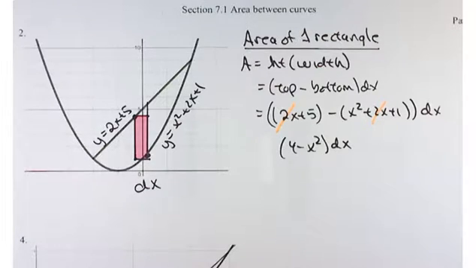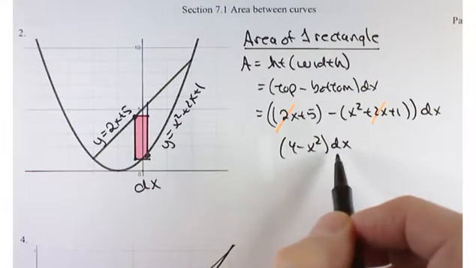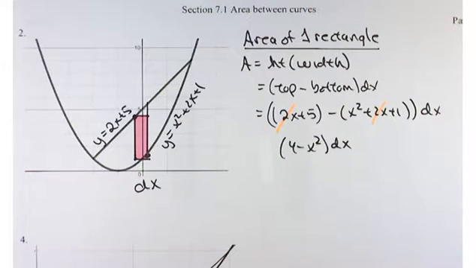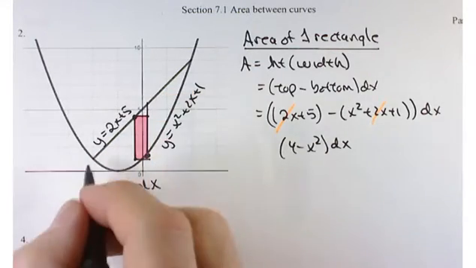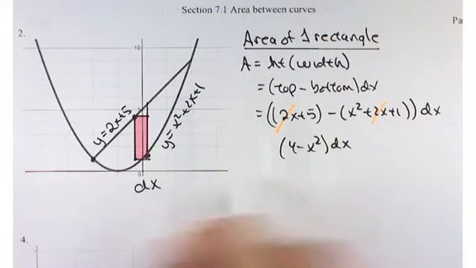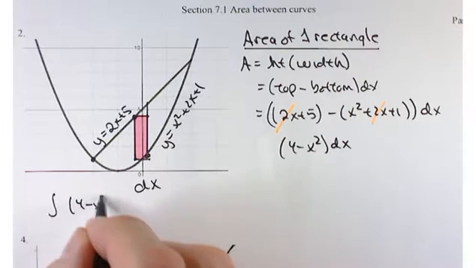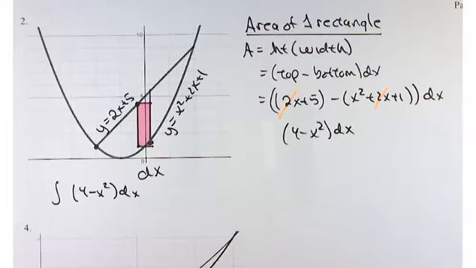If I want the area of all the rectangles, I'll add them up. As this gets really, really small, we're going to pass from a sum to an integral. To add up all these possible rectangles, we're going to integrate. So that'll be the integral from something to something of 4 minus x squared dx. Now comes that important something.